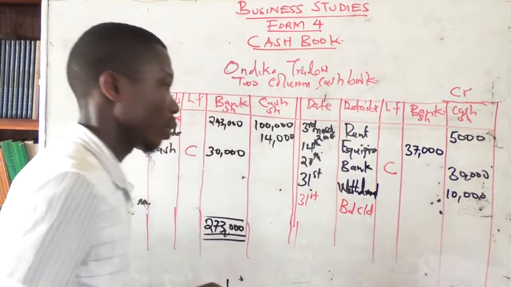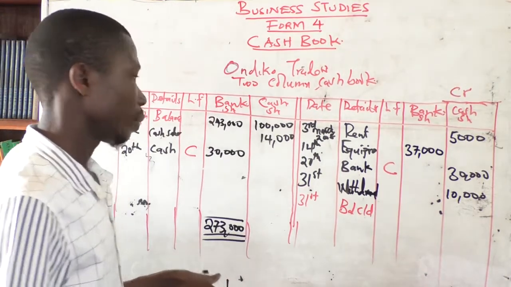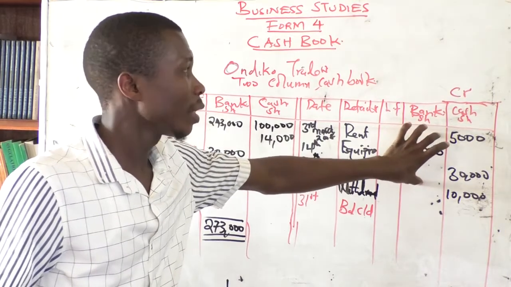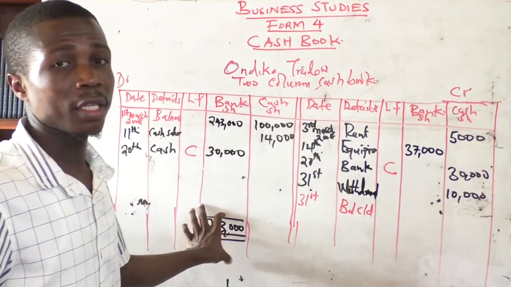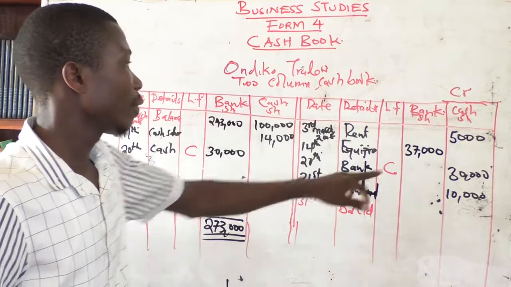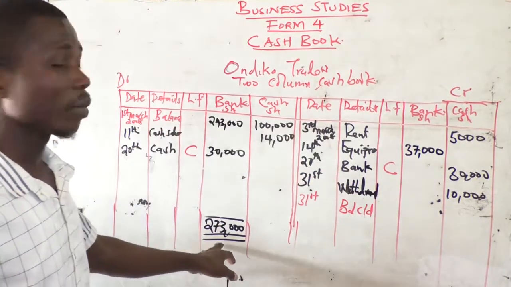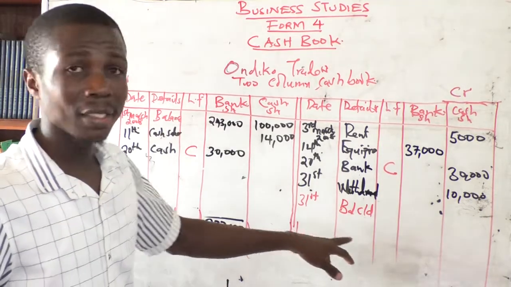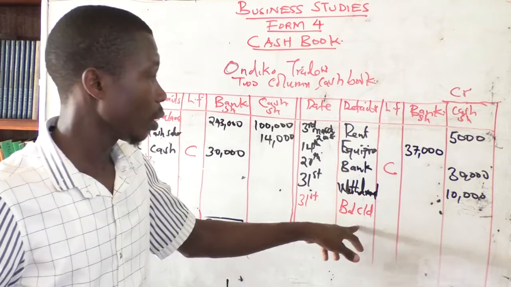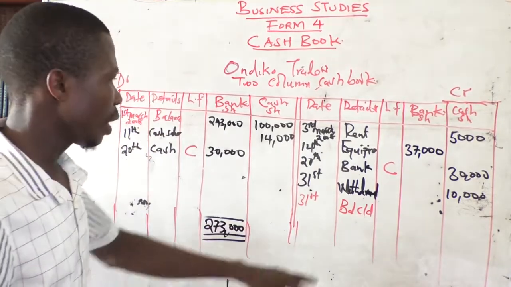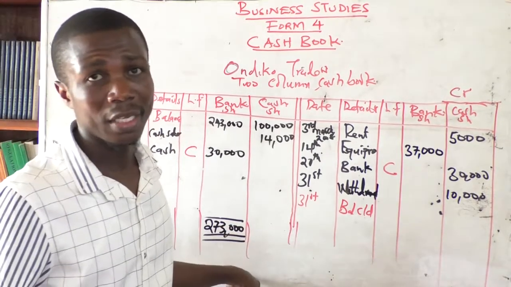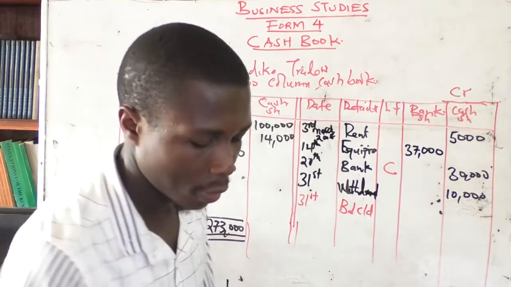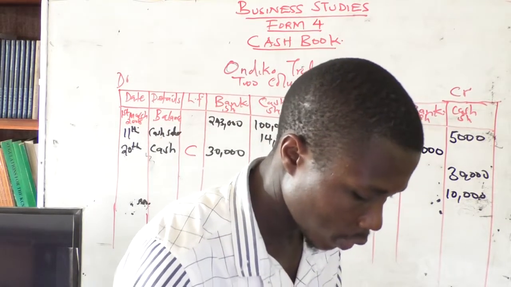carried down. Balance carried down is just a figure that is obtained when you take the smallest from the CR and you subtract it from the total of the DR. Like if you take 37,000, you subtract it from this balancing figure in the DR, what you're going to get is known as balance carried down. So balance carried down is the amount that is remaining for it to balance with the DR side.